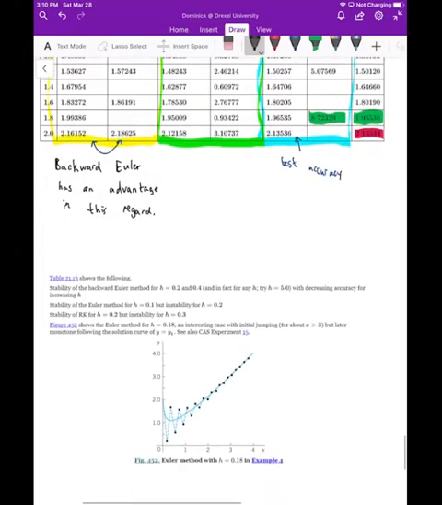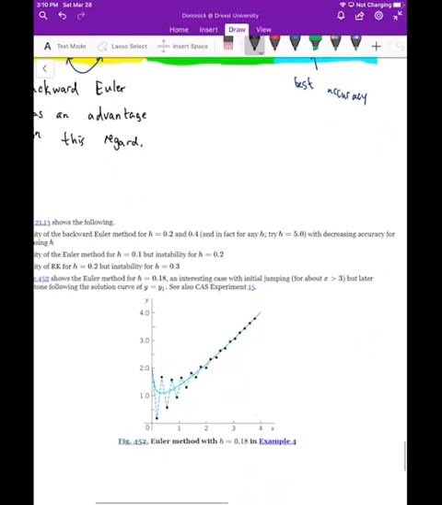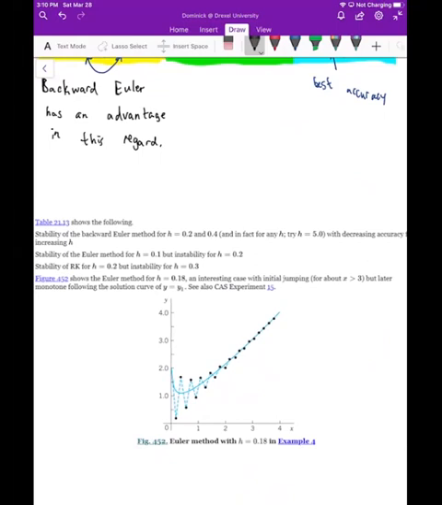Okay, so one final thing is that we will look at what happens with the Euler method for h equals 0.18. You see that in the beginning part of this, you have this jumping back and forth for your solution points that Euler finds. And then it looks like after a while, you start to converge to the solution.